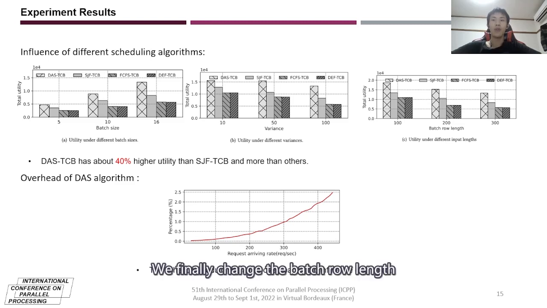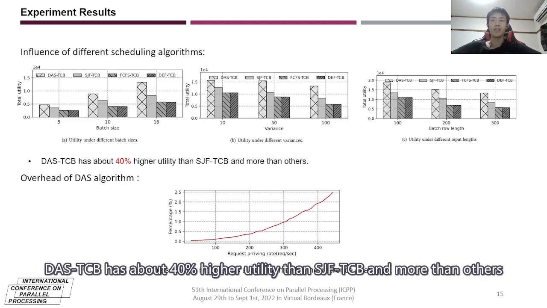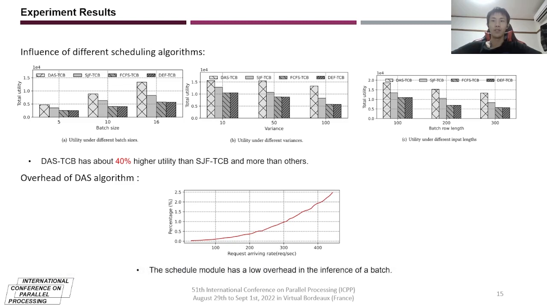We finally changed the input length, the parameter L, and show results of different scheduling algorithms in Figure C. DAS TCB has about 40% higher utility than SJF TCB, and more than others. All the results show our scheduling algorithm has better performance.